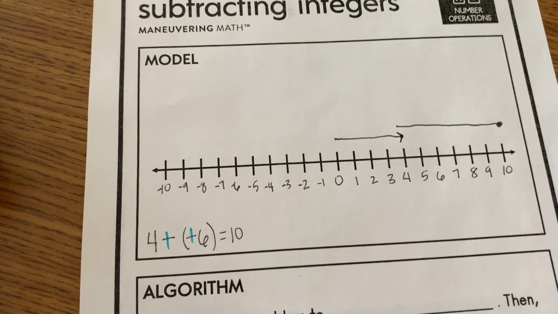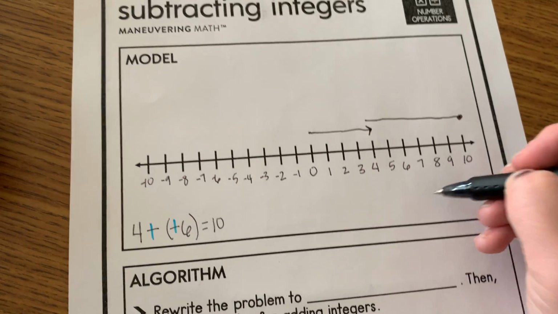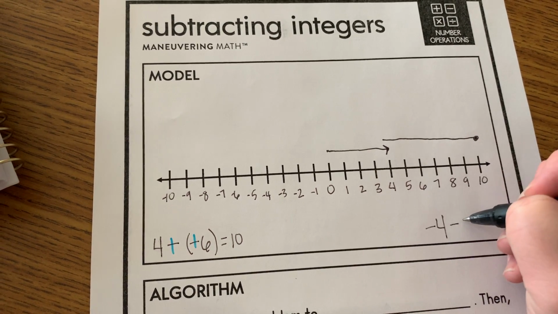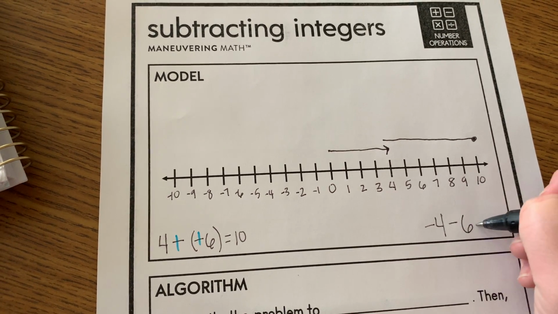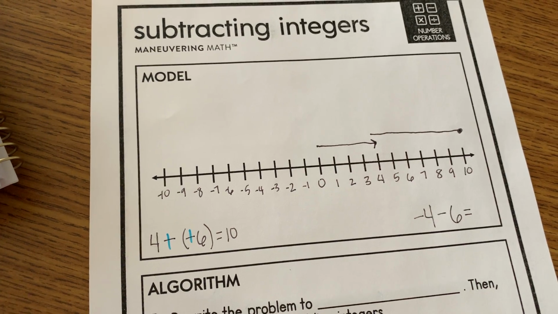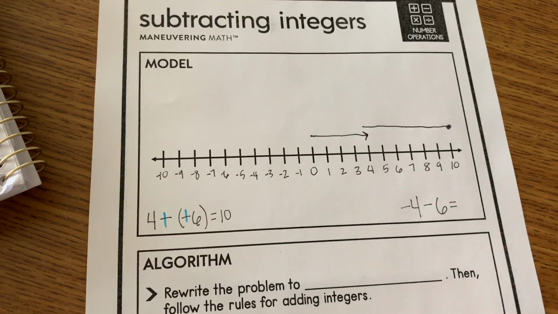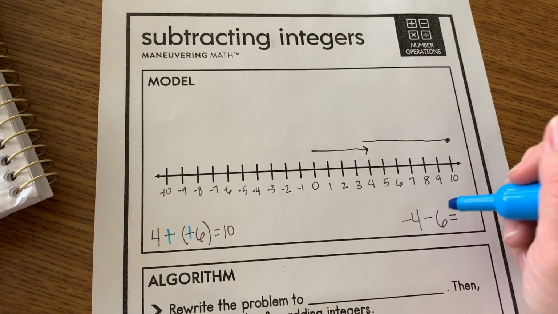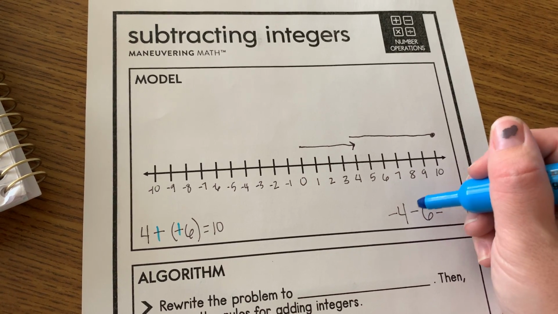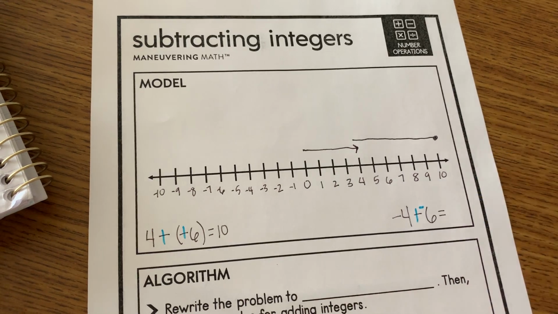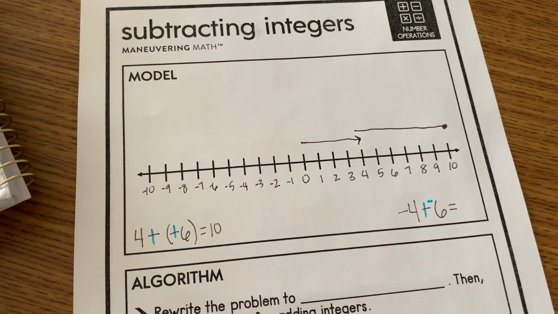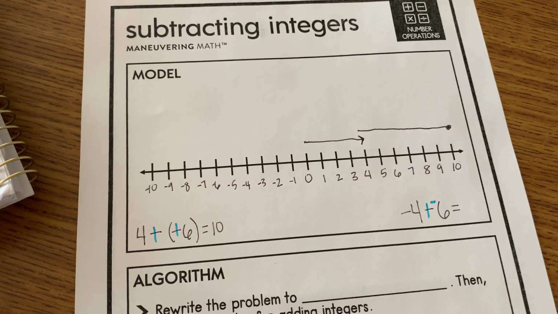So this time we'll write it over here in this corner. -4 minus +6. Okay, use your same color here. Change it to addition and change the sign. Okay, so now our problem is -4 plus -6.